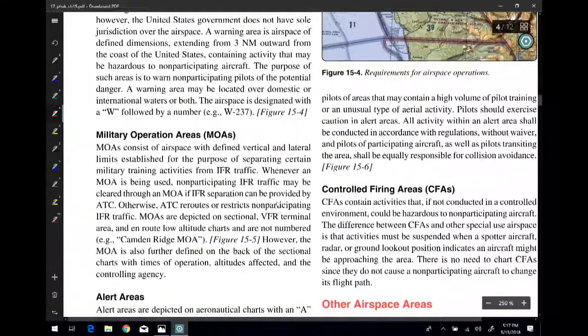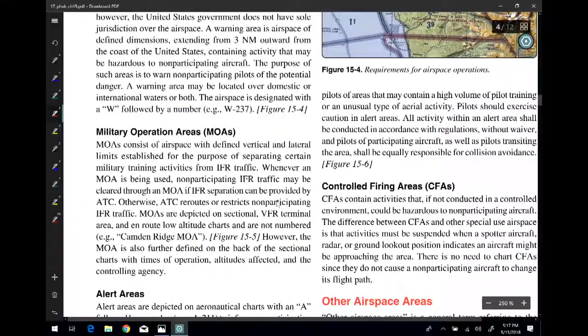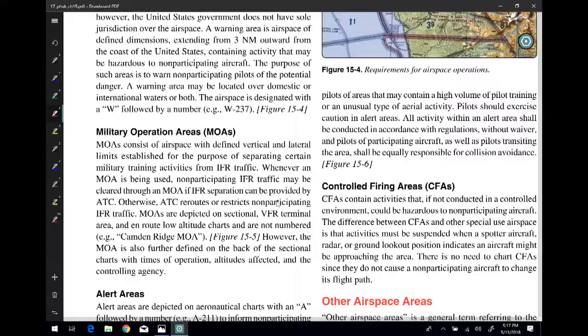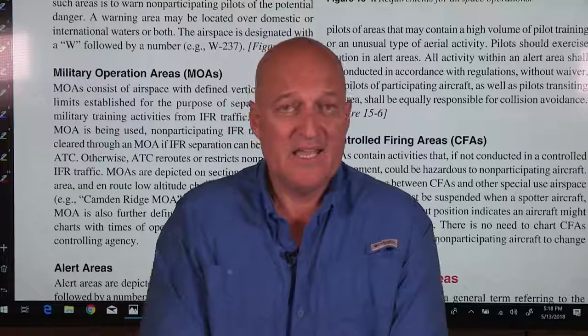MOAs, military operation areas. These are areas where you're going to have high speed, fast moving aircraft zipping around. Most of these aircraft are going to know you're there. And they wouldn't necessarily do this on purpose, but I can tell you this.